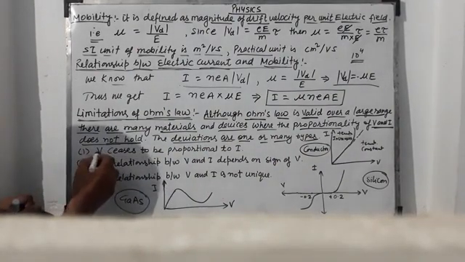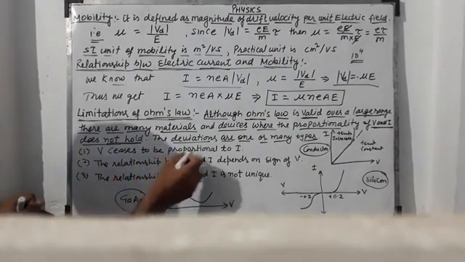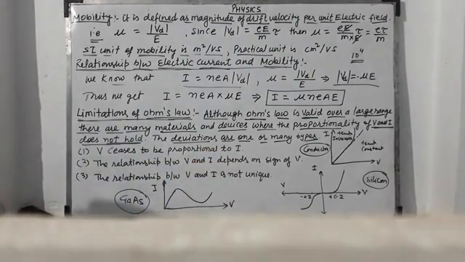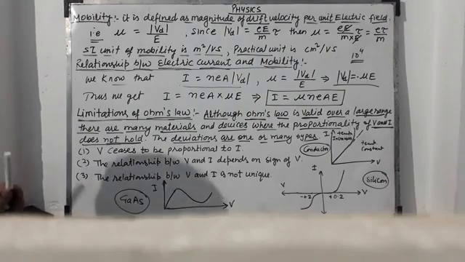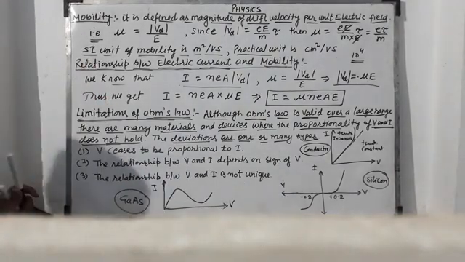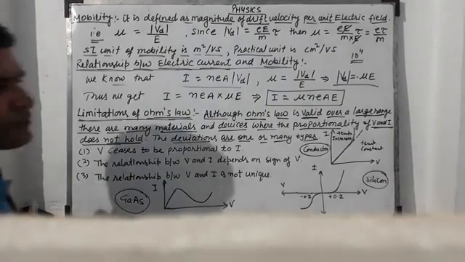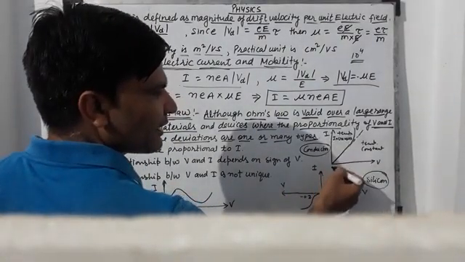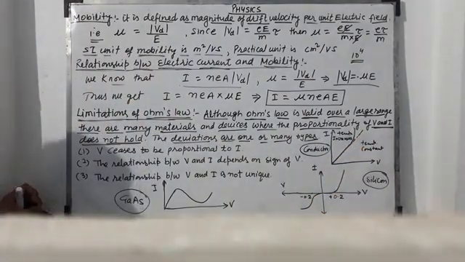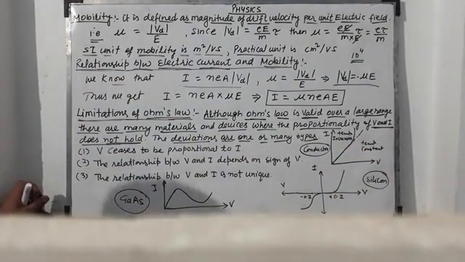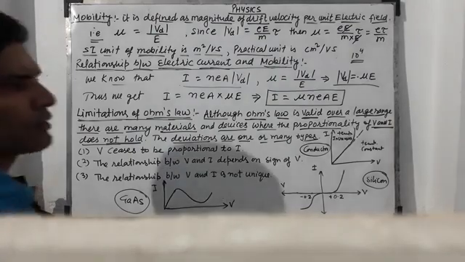The first is that V ceases to be proportional to I. As we know, with the increase in temperature, the resistance of a conductor increases. So at high temperature, V and I are not directly proportional to each other.